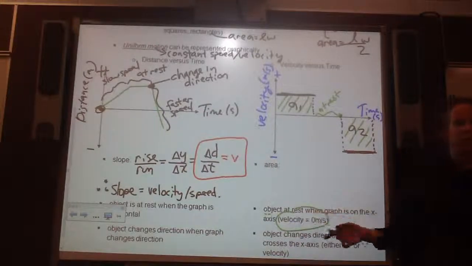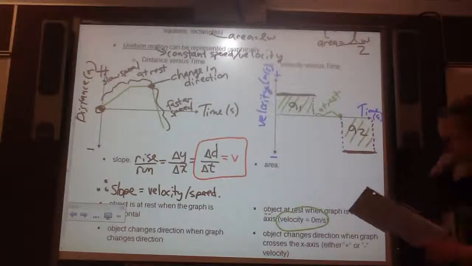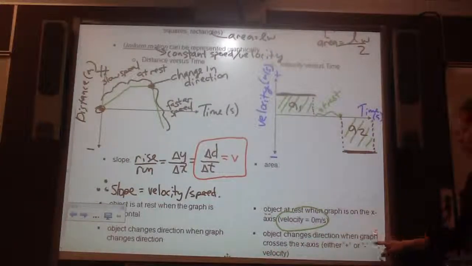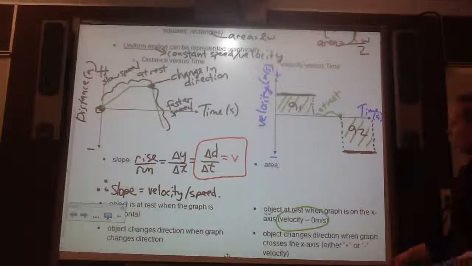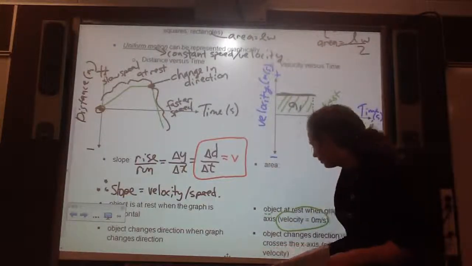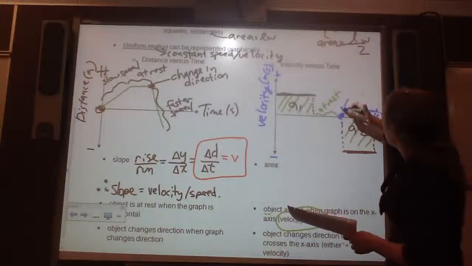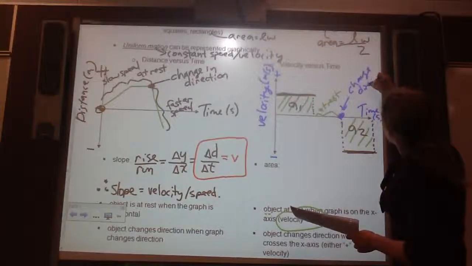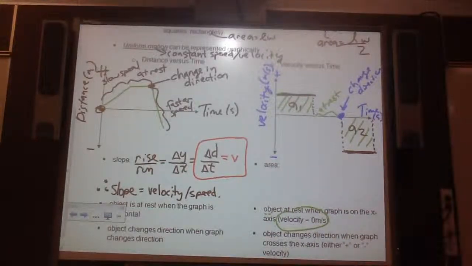Meaning when your velocity is 0, you're at rest. You're not moving anywhere. Okay? Object changes direction when the graph crosses the x-axis, either positive or negative. So this is a change in direction. Okay, I change direction.